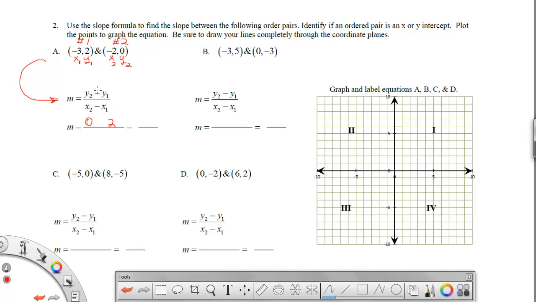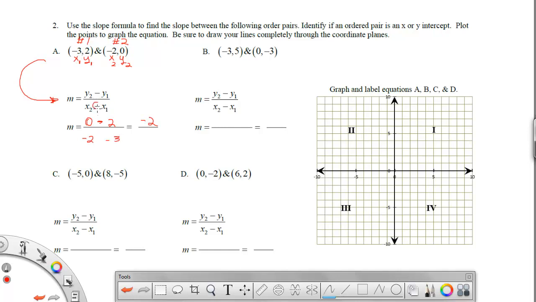Then what does this tell me to do? I'm supposed to subtract them. So 0 minus 2 is a negative 2. Okay? Alright, let's find our change in our x's. So we know that x2 is a negative 2. We know that x1 is a negative 3.